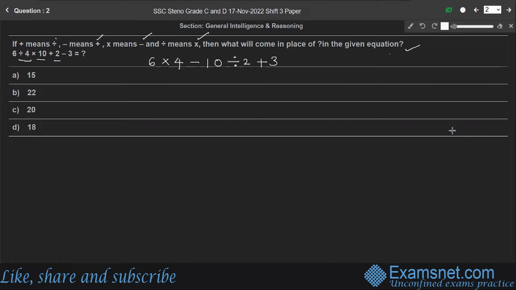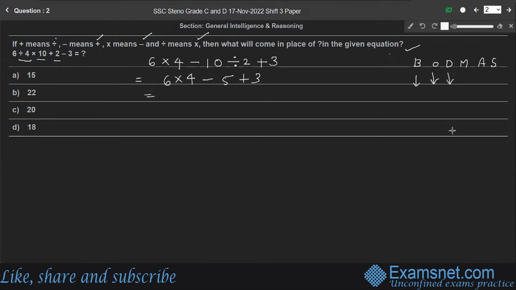As we have discussed in the previous question, here also we are following the BODMAS rule to find the value of the mathematical expression. Let us start with the division, since there is no bracket and of part. So the given expression becomes 6 into 4 minus 10 by 2, which is 5, plus 3.